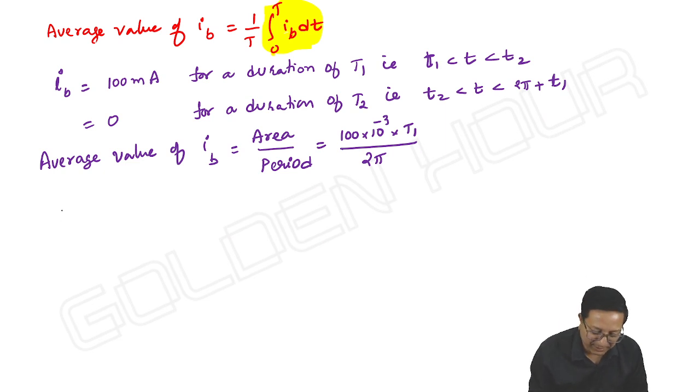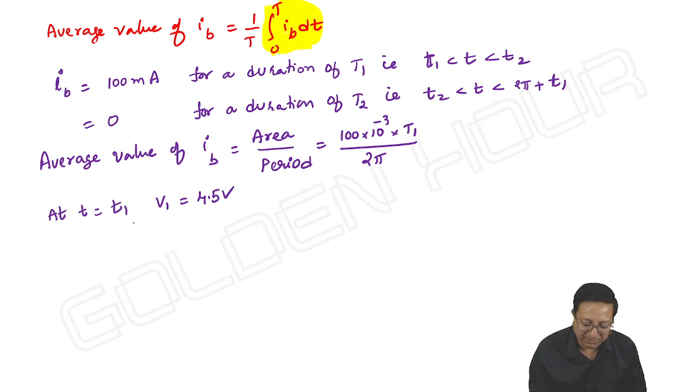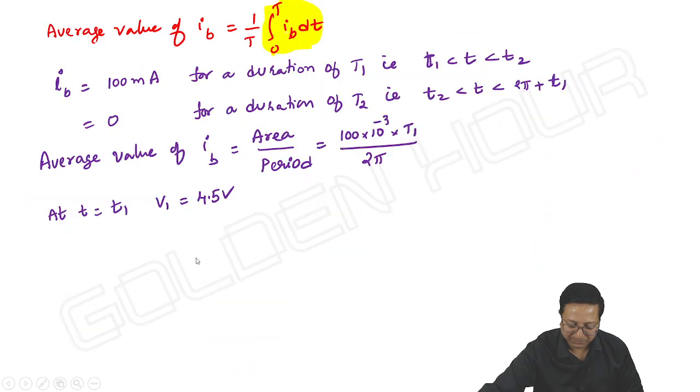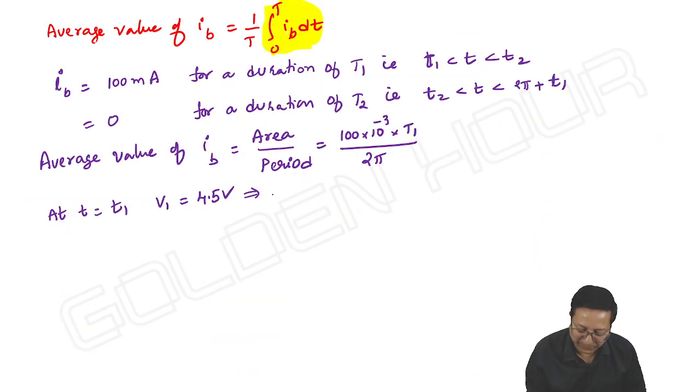Okay. For that, what I am writing is at t is equal to small t1, V1 is equal to 4.5 volt. This implies 10 sine omega t1 is equal to 4.5.